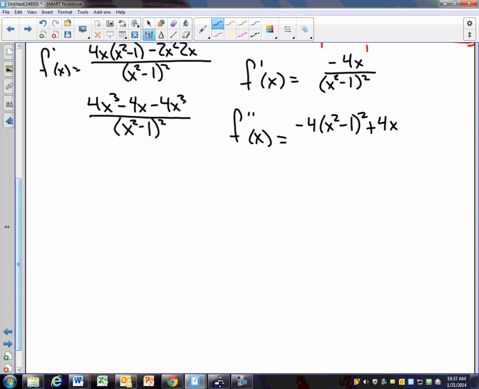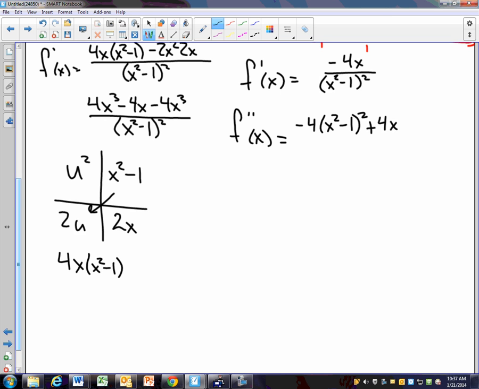Chain rule: u squared, x squared minus 1, 2u, 2x. Multiply them, I get 4x times x squared minus 1. So that's the derivative of the bottom.